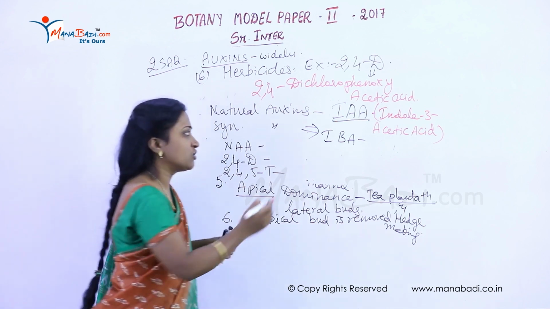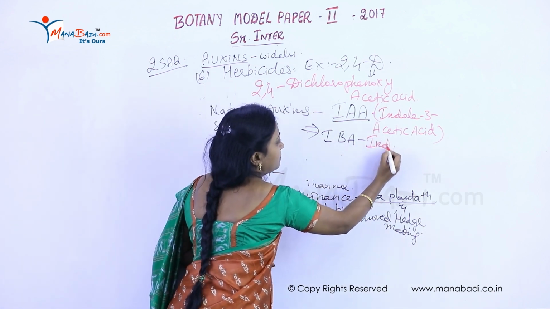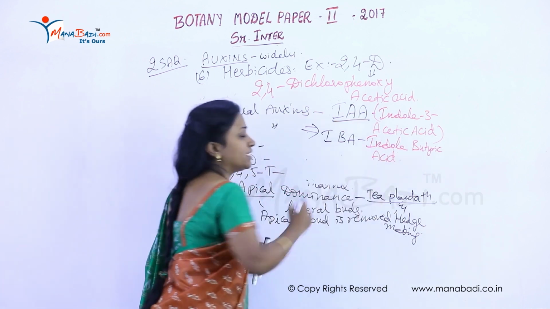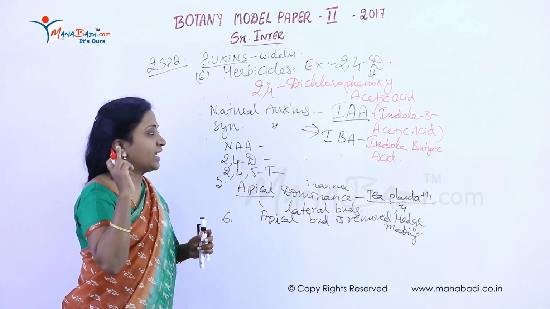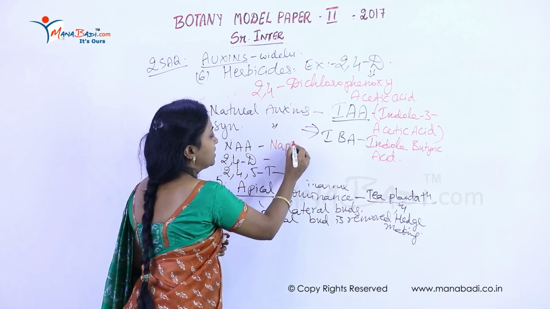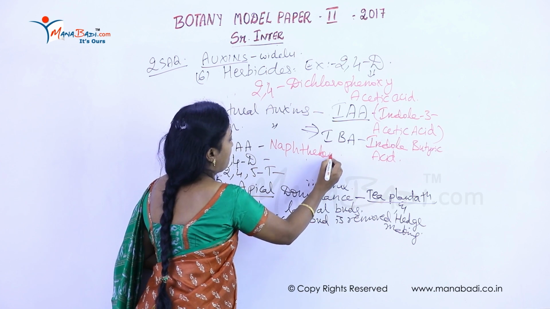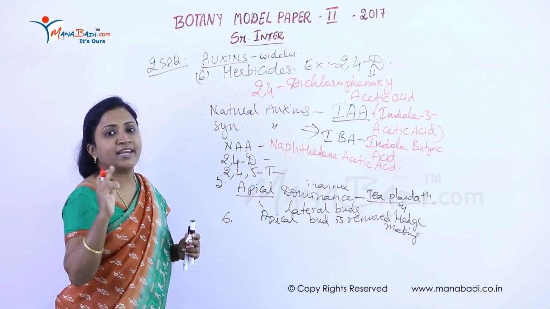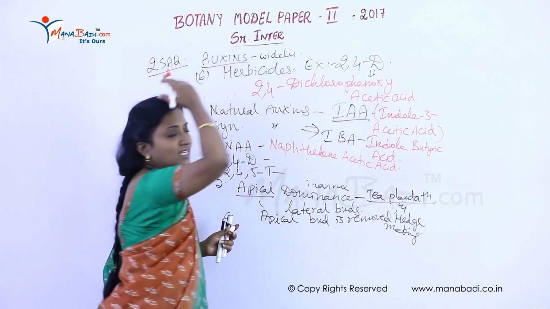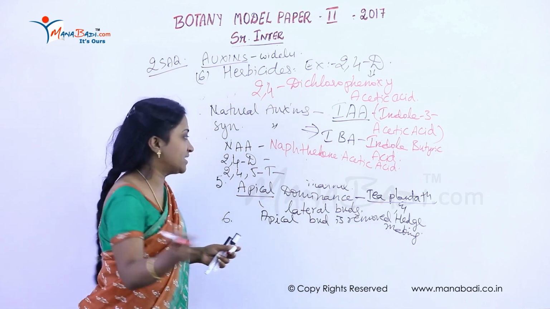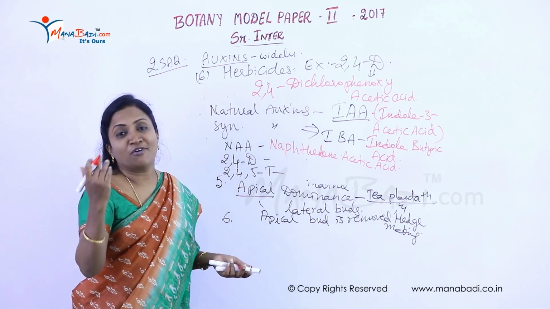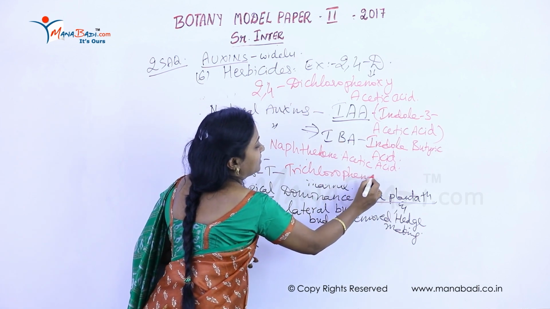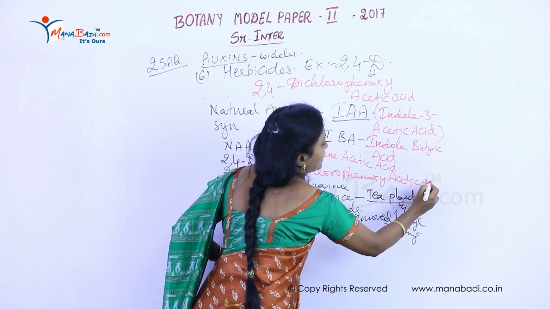IBA is indole butyric acid, NAA is naphthalene acetic acid, 2,4-D is dichlorophenoxyacetic acid, and 2,4,5-T is trichlorophenoxyacetic acid.